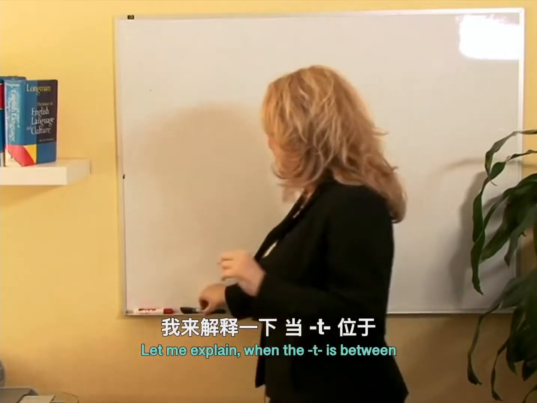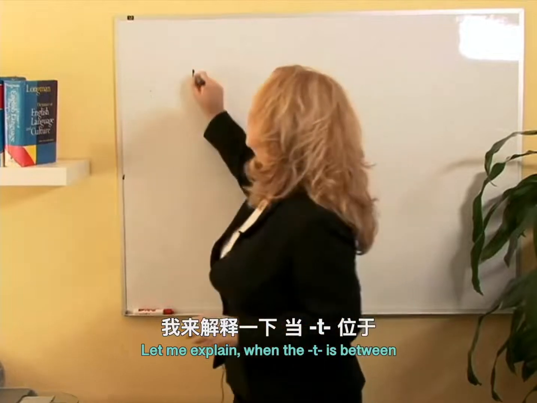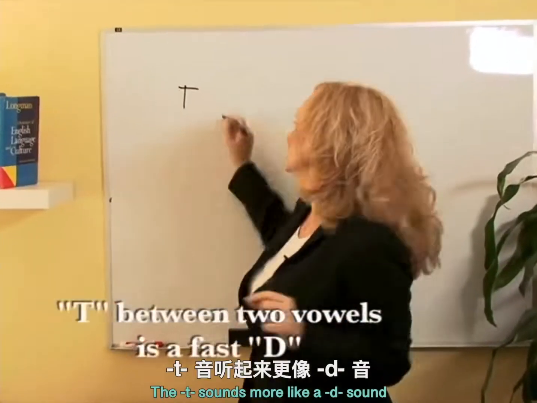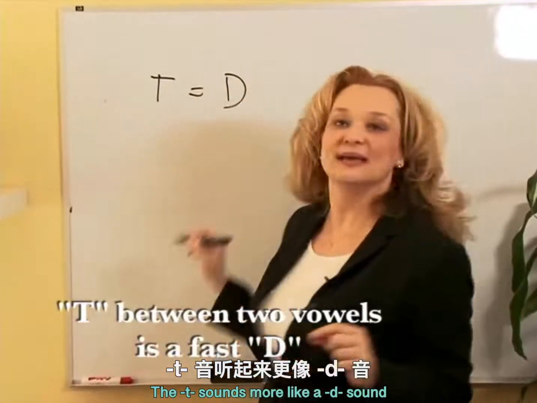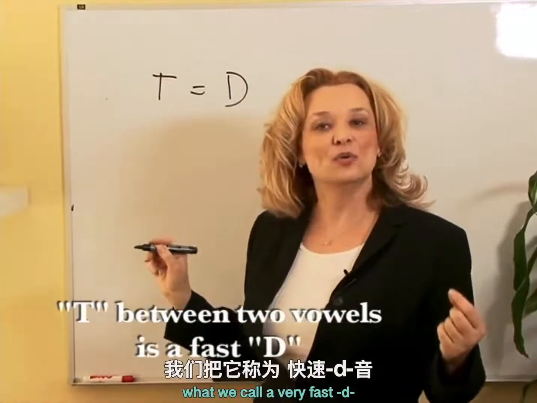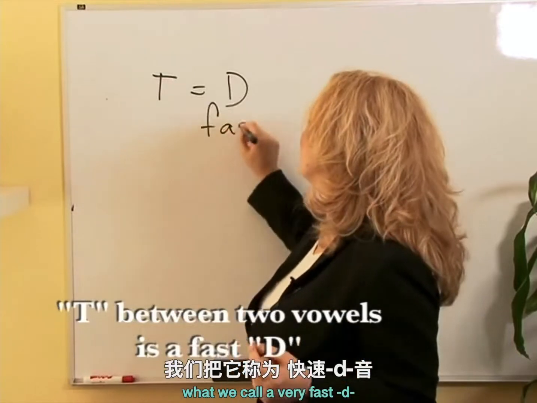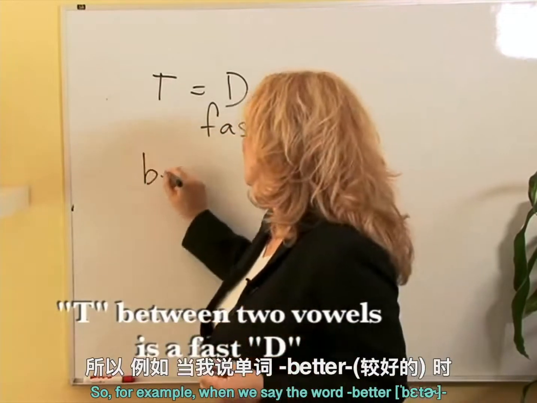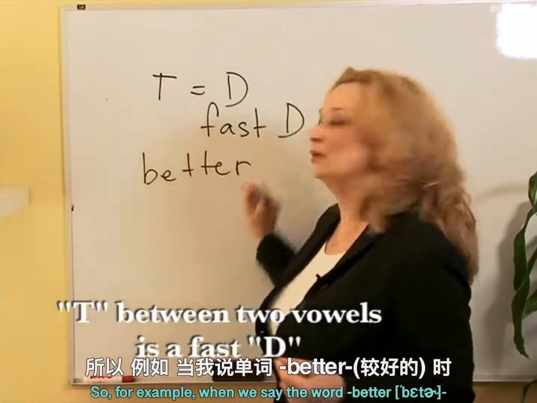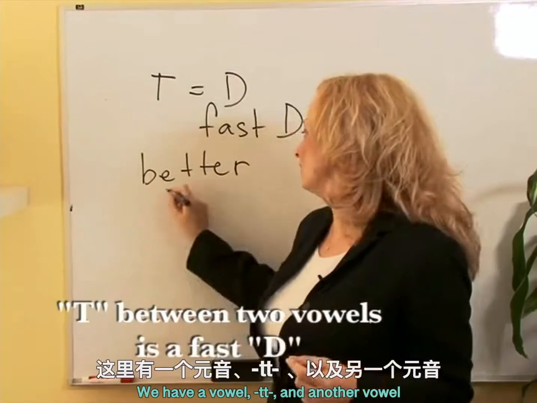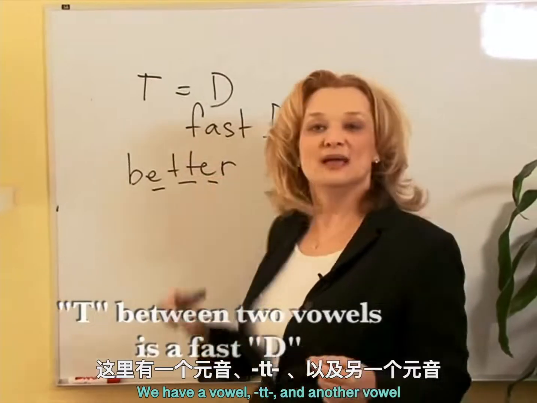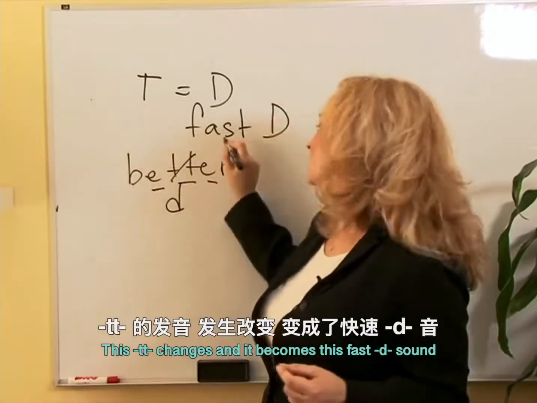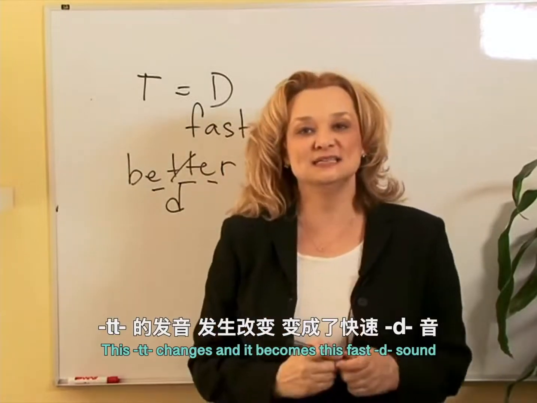Let me explain. When the T is between two vowels, the T sounds more like a D sound, or what we call a very fast D. So, for example, when we say the word "better," we have a vowel, T, and another vowel. This T changes and it becomes this fast D sound.